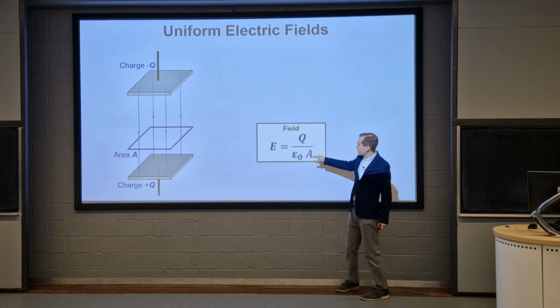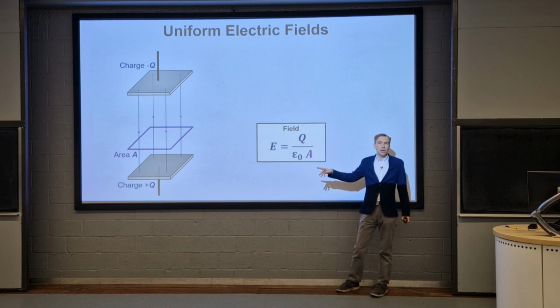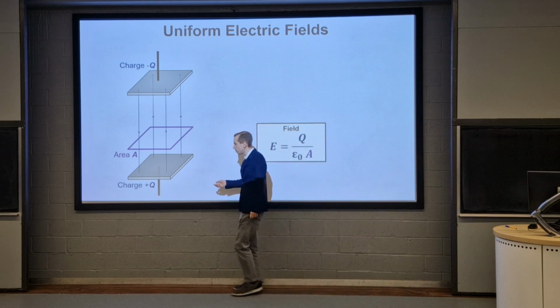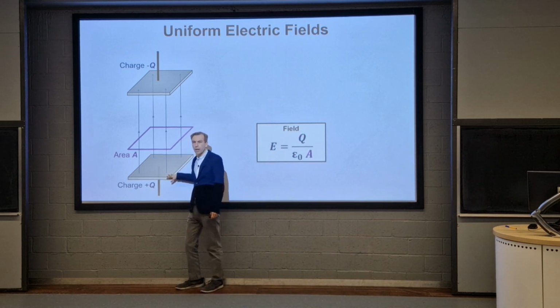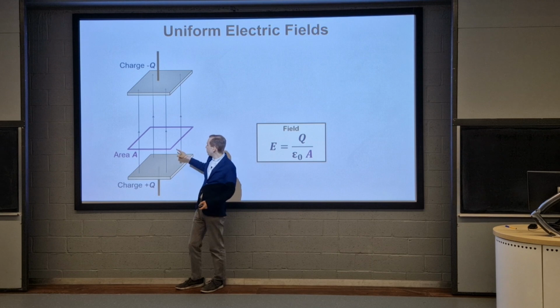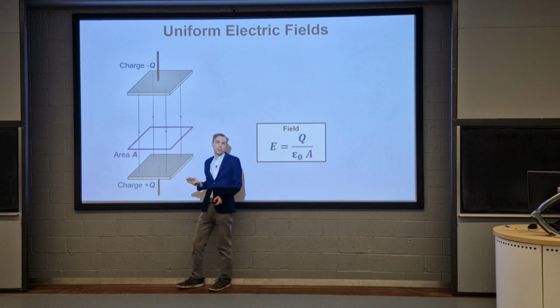Now you might say, well, hang on, this doesn't depend on the distance that we are from the charge. And that might seem a bit counterintuitive because we might instinctively think, okay, well, if we're right close over here to the plate, it's got to be a stronger field. And if we're further away, it's got to be not so strong. But if we look at what happens if we move this imaginary area up and down, it always intersects the field lines in the same way.